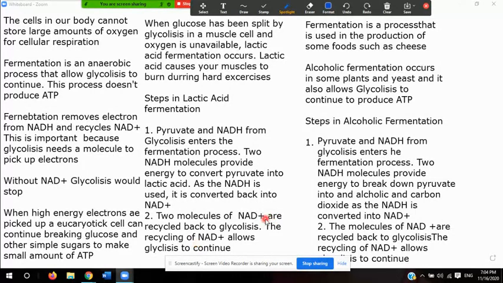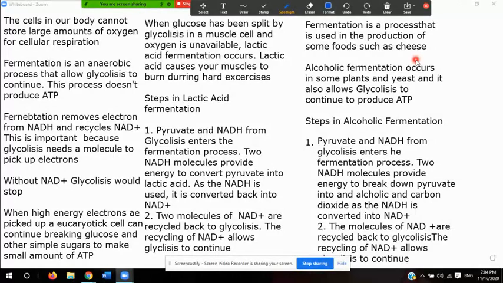Okay? Now, fermentation is a process that is used in the production of some foods. So, fermentation is not just used in our bodies for lactic acid fermentation, but it's used in the production of certain foods like cheese and yogurts. And this is not the only type of fermentation that we have. We actually have alcoholic fermentation, which we're going to talk about in a minute.